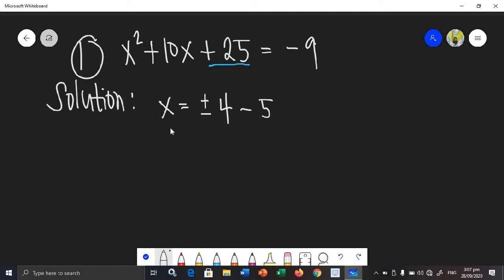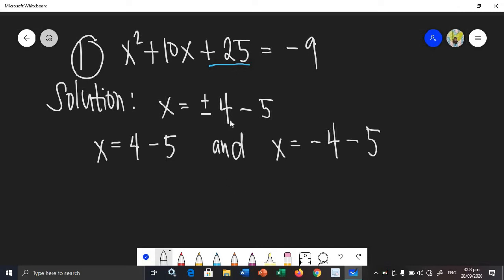So, paano po yun? We will separate the sign. So, si x is equal to positive 4 minus 5, and then we have also x is equal to negative 4 minus 5. Pinaghiwalay lang natin yung sign ni 4.